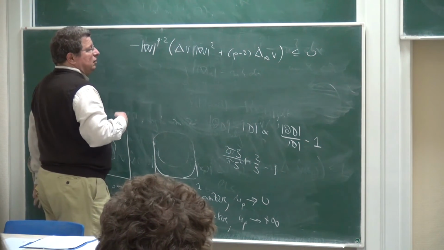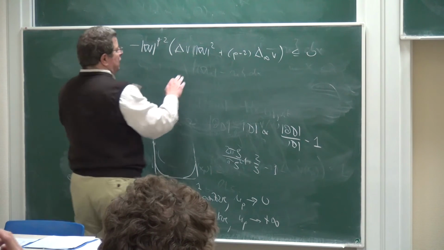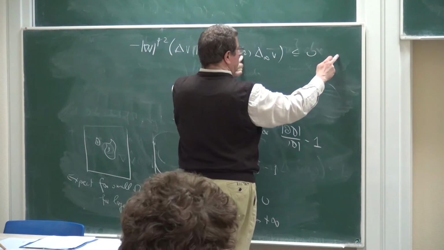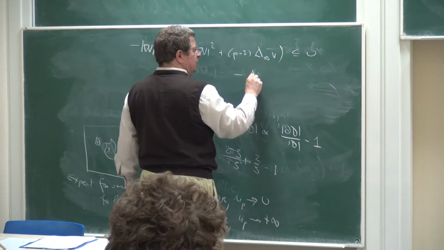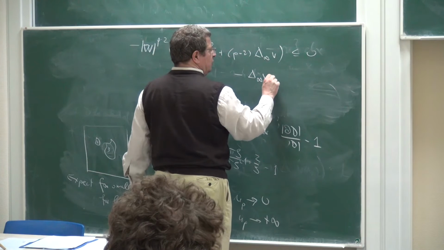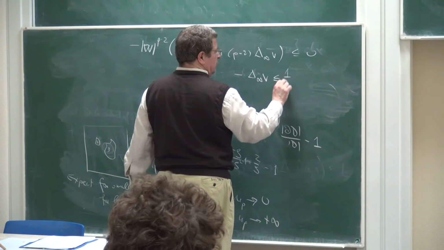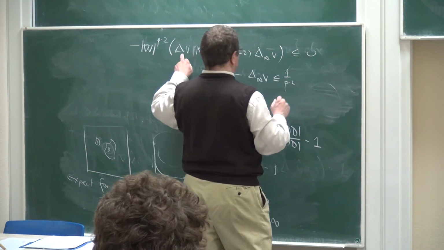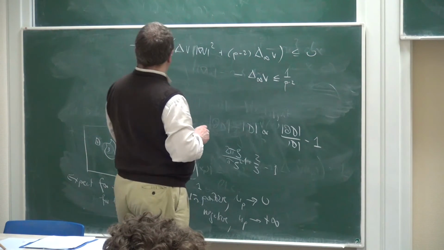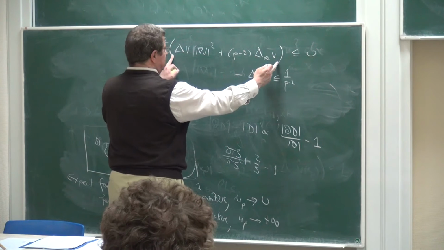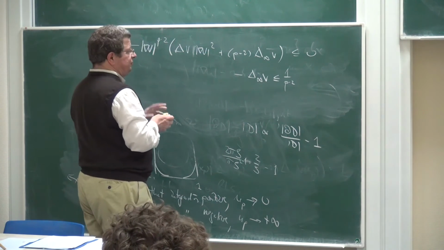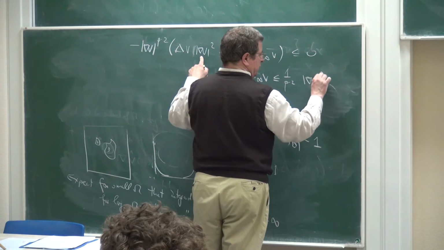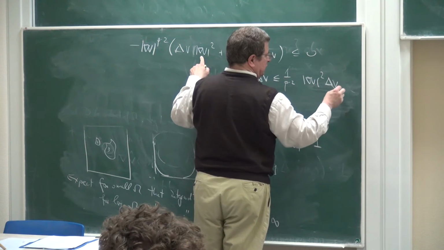And then you send p to infinity. So you put this term on the right-hand side, you divide by p minus 2. In the end, you have minus infinity Laplacian of v is less or equal 1 over p minus 2 times gradient v squared Laplacian v.